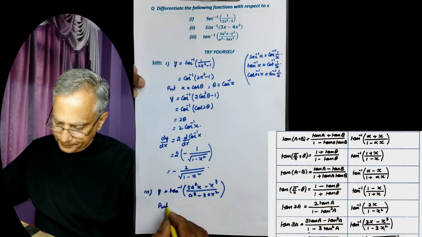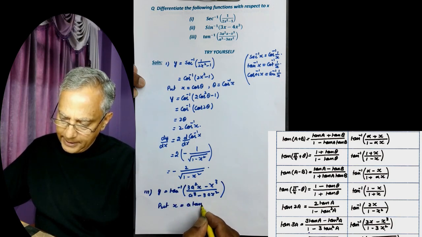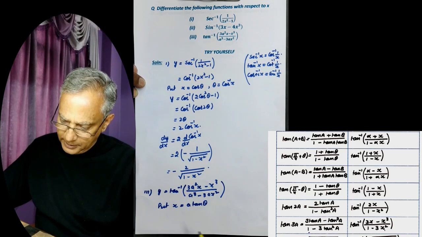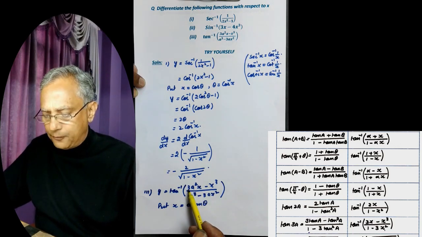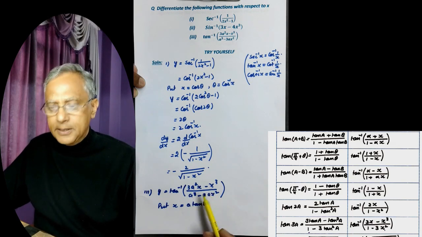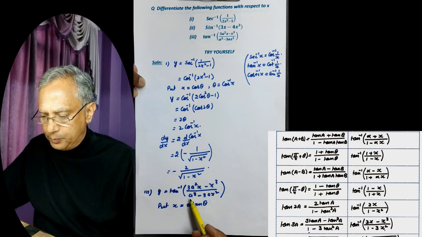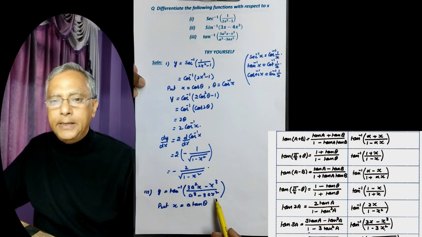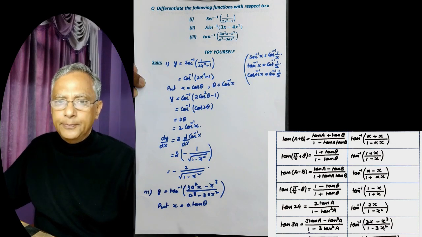Put x equal to a tangent theta, because we have a formula whose pattern is similar to this: 3 tangent theta minus tangent cube theta over 1 minus 3 tangent square theta. You can see the side sheet.